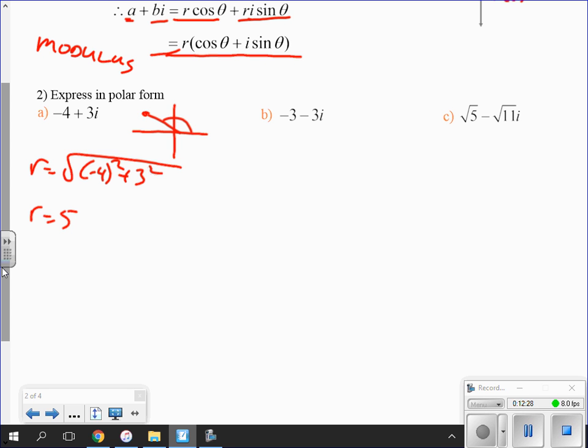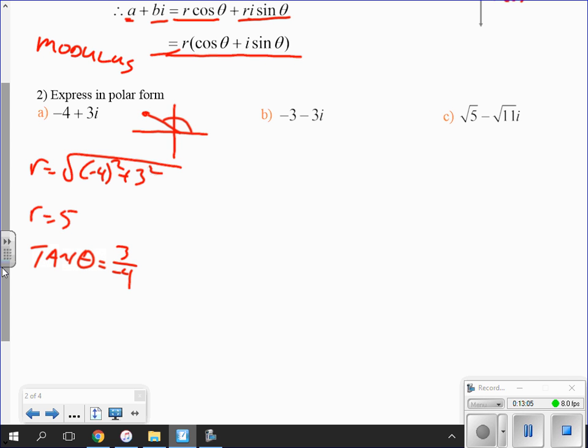Now, here's the difficult part. We have to go back to where we're doing with the rectangular ones to find our theta. Can you find that spot on your unit circle?